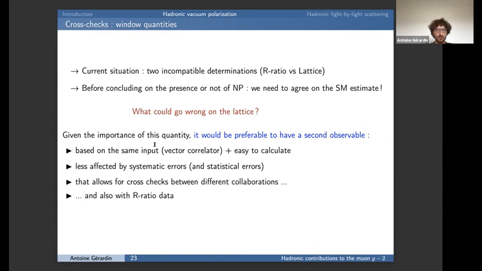So the idea is to use a different observable, but which is based on the same input. On the lattice, it means the same vector correlator. And this observable should also, of course, be easy to compute and less affected by systematic errors, and ideally also statistical errors, to make it cheap to compute.